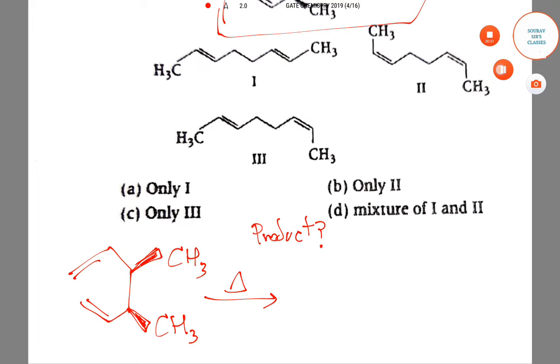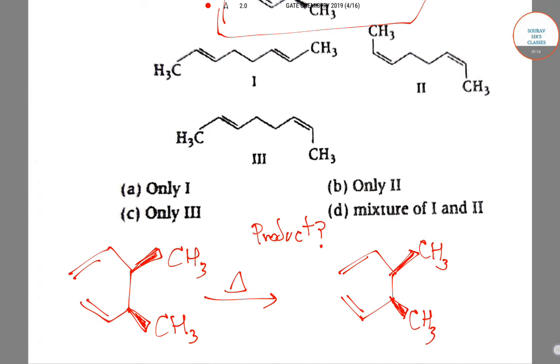We can visualize that there would be a delocalization of the pi electrons on the addition of heat on the structure. So if there is a delocalization of the pi electrons, it would happen in a manner such as this.